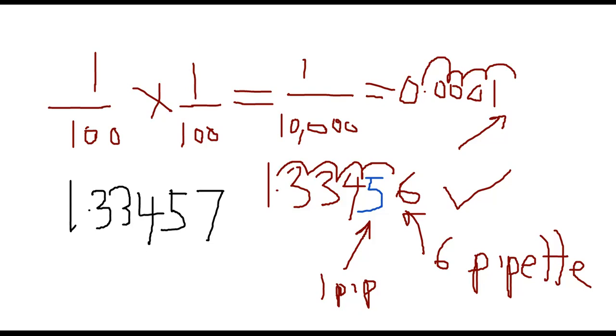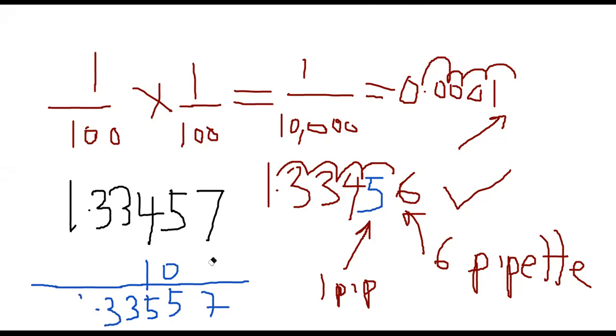So adding my 10 pips, I'll just simply come here and put 1 and 0 here. 7 comes down, 5 plus 0 is 5, 4 plus 1 is 5, 3 comes down, so you can see I successfully added 10 pips to my exchange rate.